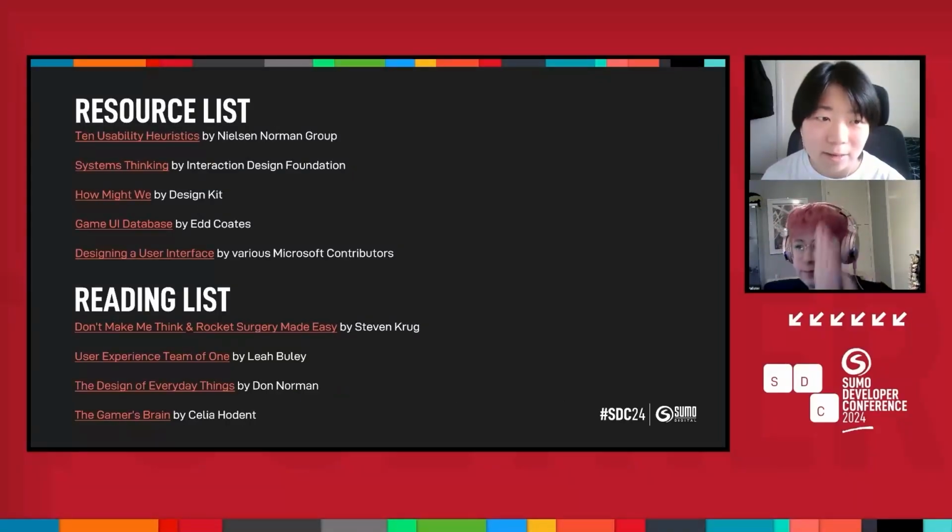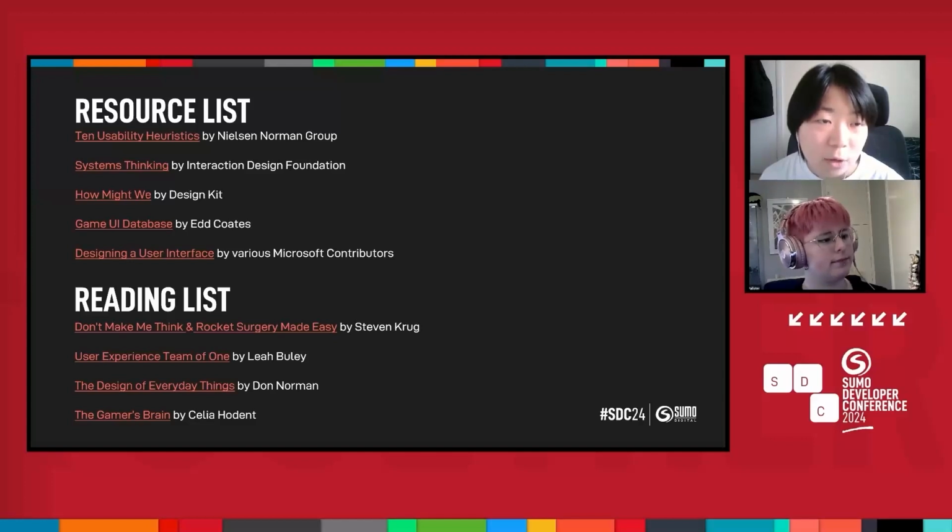Here's the resource list and reading list that we mentioned right at the beginning. So if you want to read a bit more about any of the topics we've talked about today, feel free to go to these links and resources. The first one talks about the 10 usability heuristics by the Nielsen Norman Group. Then the next one is Systems Thinking by the Interaction Design Foundation.